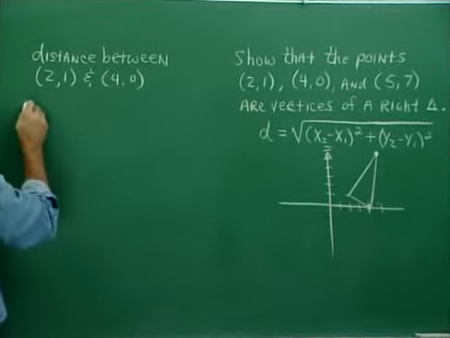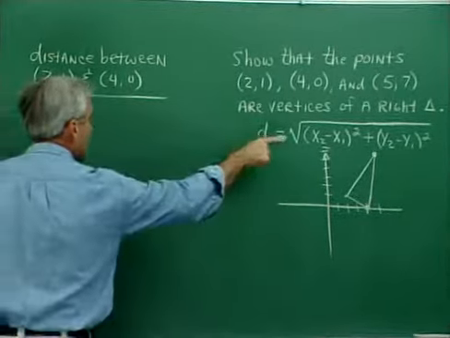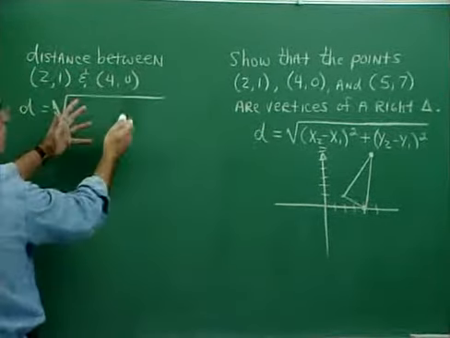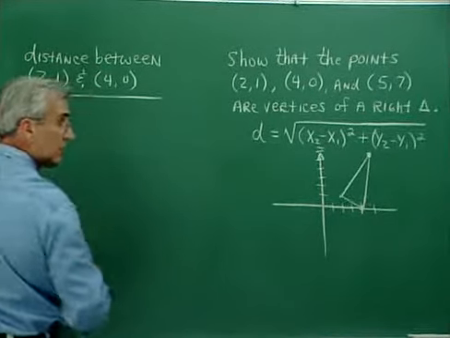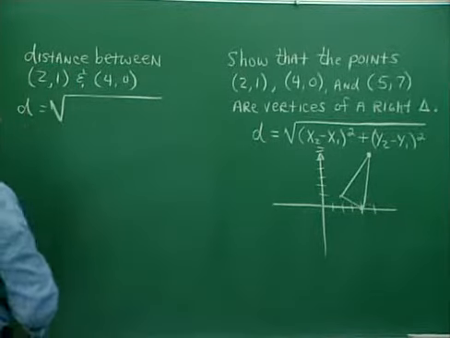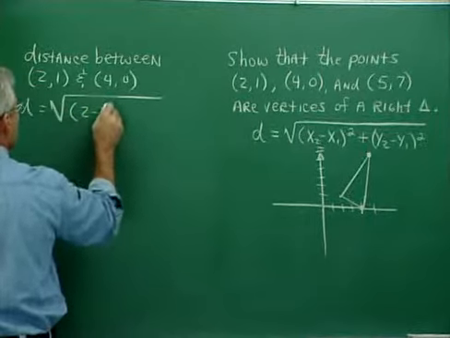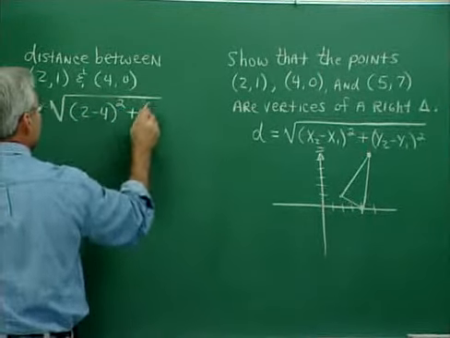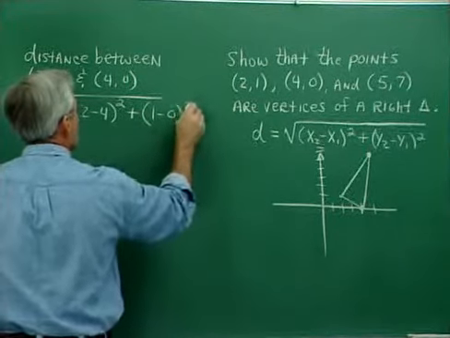So that distance is the square root of, now I'm using that formula. Generally I say write the formula down, replace within the formula in the first step, and then make your calculations. Well, I'm replacing within the formula right here because I have it written down over there. Difference in x components would be 2 minus 4. It's squared, and I'm adding the difference in y components. That's 1 minus 0 squared.